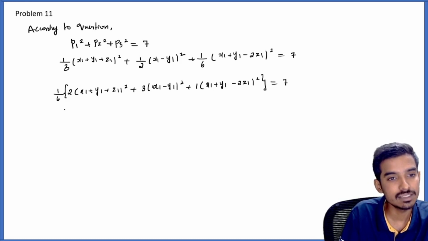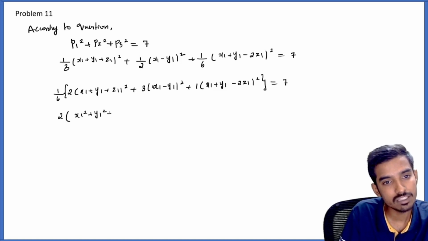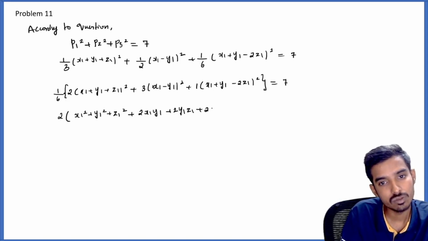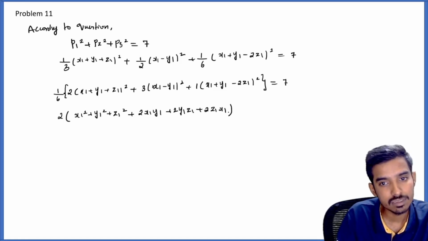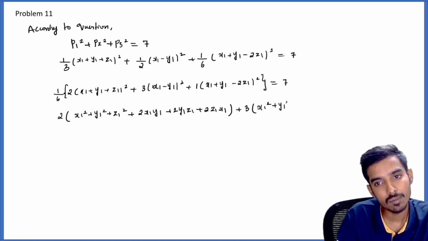Bring this 6 to that side. So we will have 2 times, expanding the a plus b plus c whole square formula: a square plus b square plus c square plus 2 times ab plus 2 times bc plus 2 times ca, right? And let's keep this 3, and expanding the a minus b whole square formula: a square plus b square minus 2 times ab.